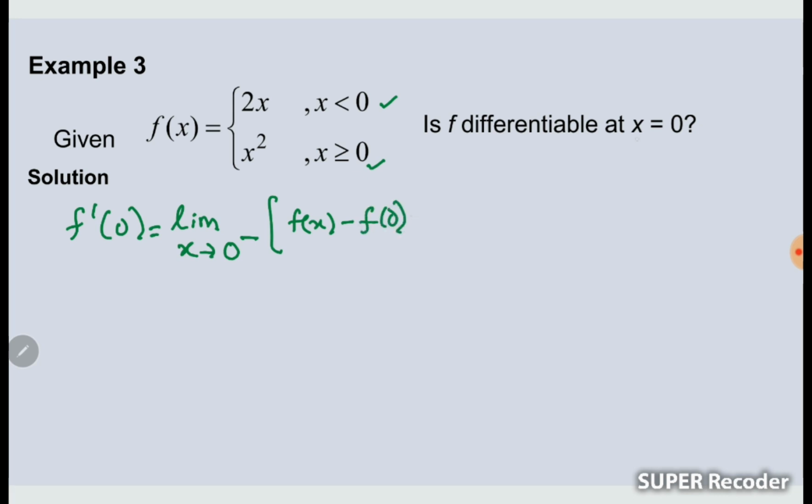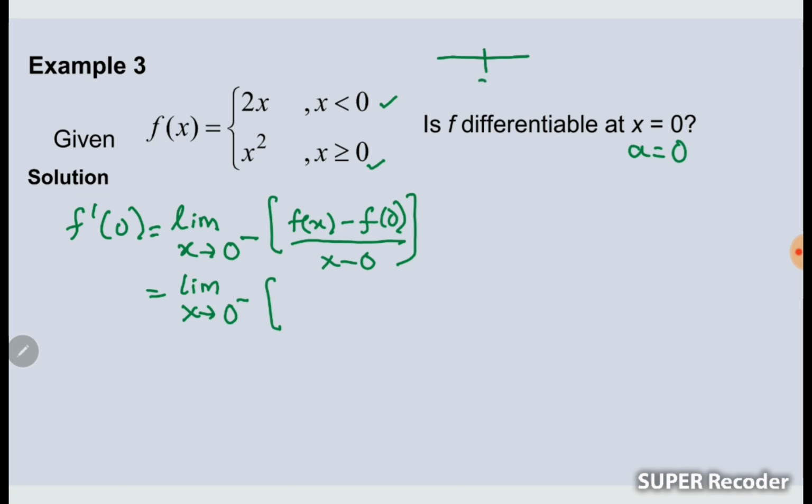The point a here is a equals 0, over x minus 0. So the limit when x approaches 0 from the left, meaning x must be less than 0.